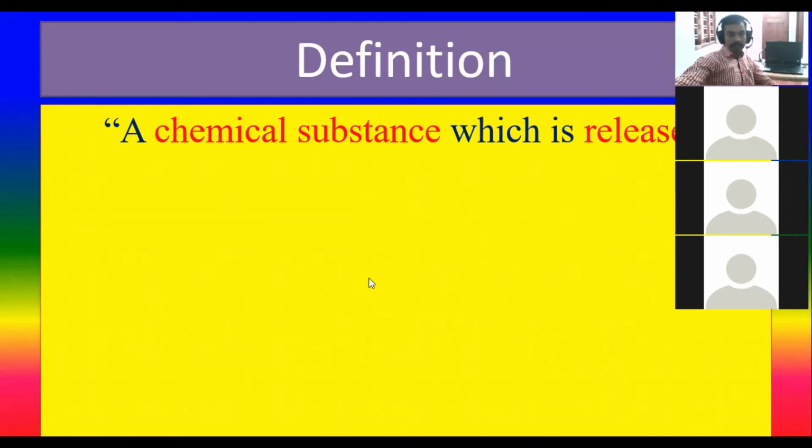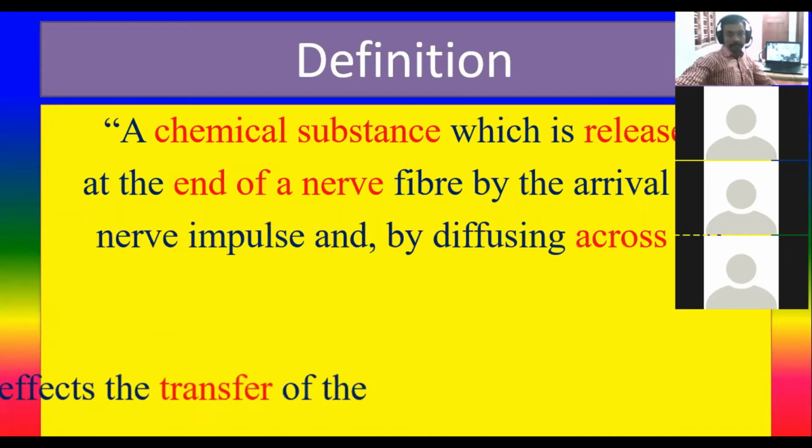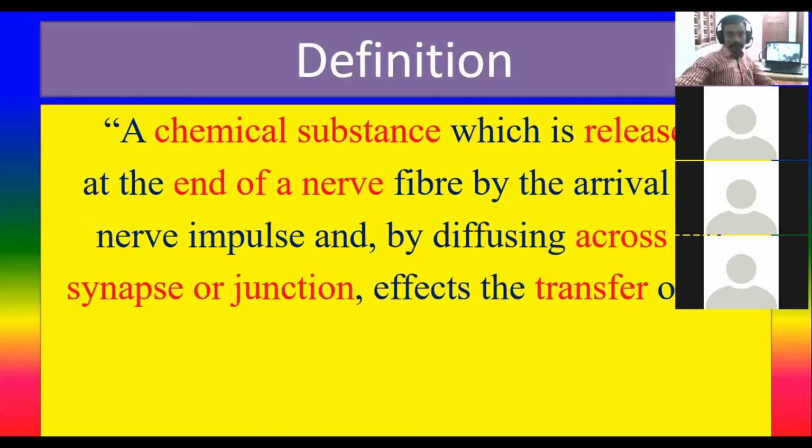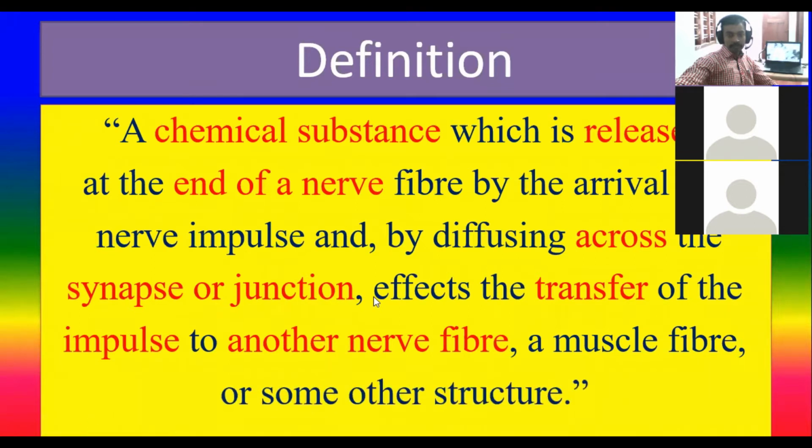Definition: a chemical substance released at the end of a nerve, as we saw in the picture of the synapse, across the synapse or junction, transferring the impulse to another nerve fiber or muscle fiber, and which controls the behavior of organs.